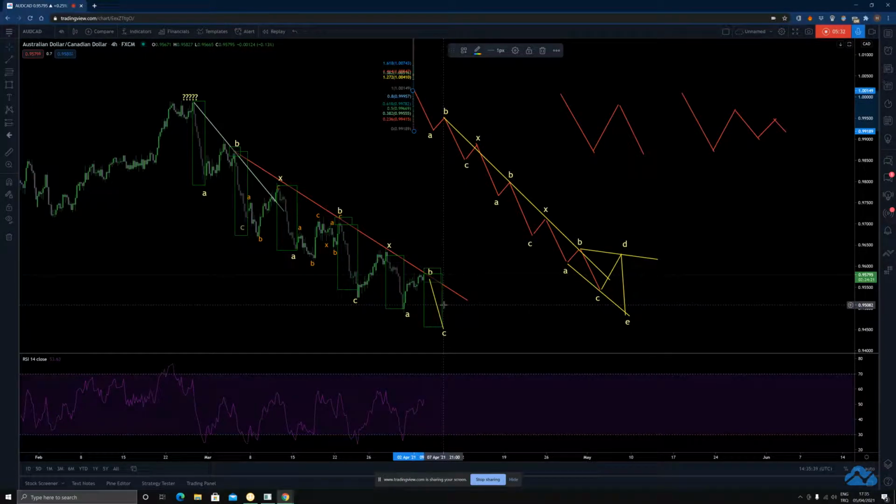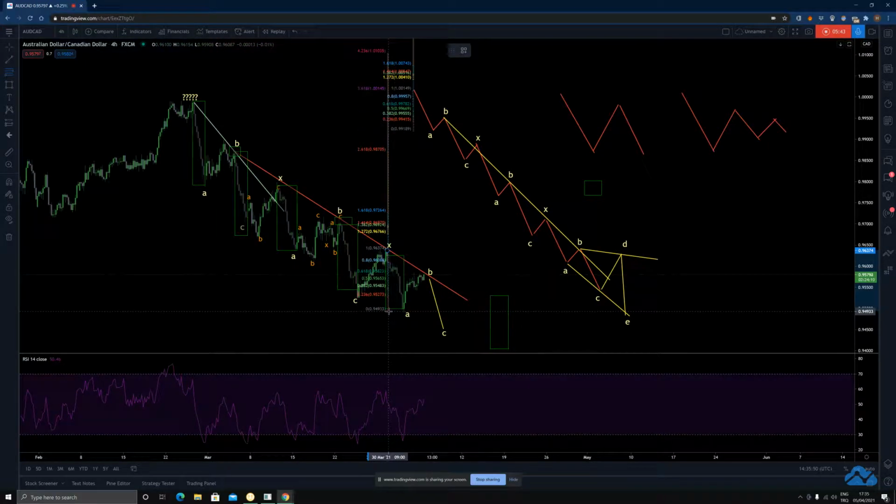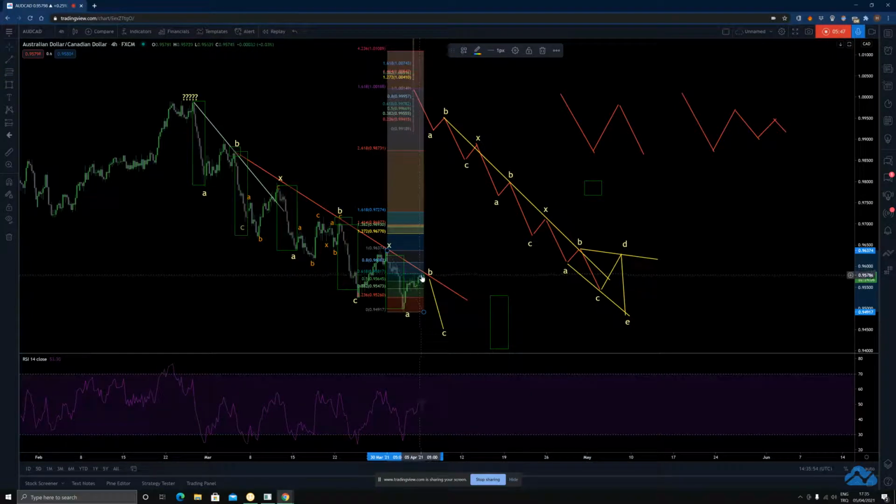So in this case, let's not think about the time perspective, and let's not check this. What I should do is, after this X wave, this is the place where the X wave was done, this is where the A wave is done. So we should check where this B wave ends. If it ends above this, then it means that we are not in a triple zigzag, but we are in a triple combination.